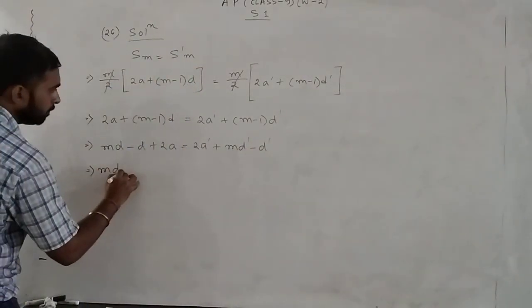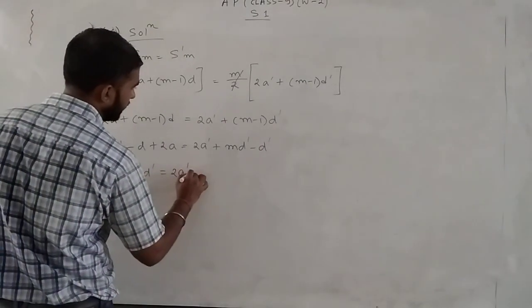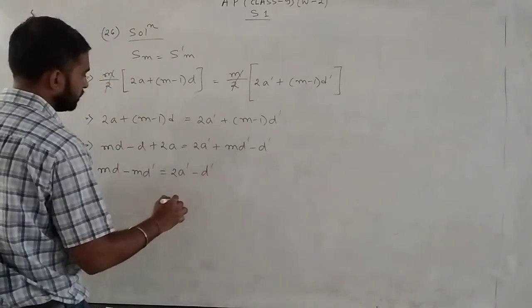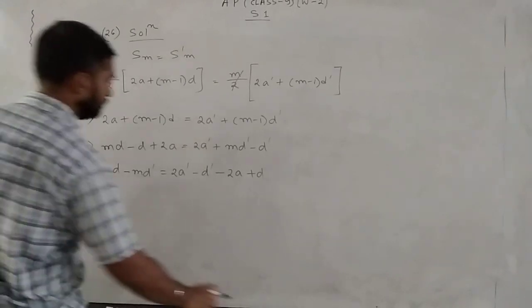So m D minus m D dash equal twice A dash minus D dash minus twice A plus D.